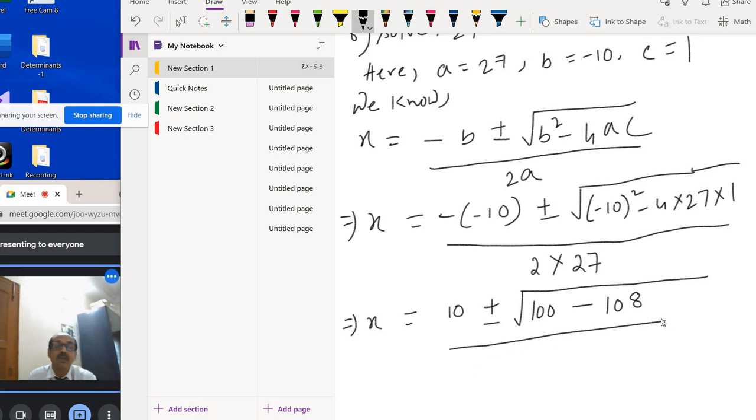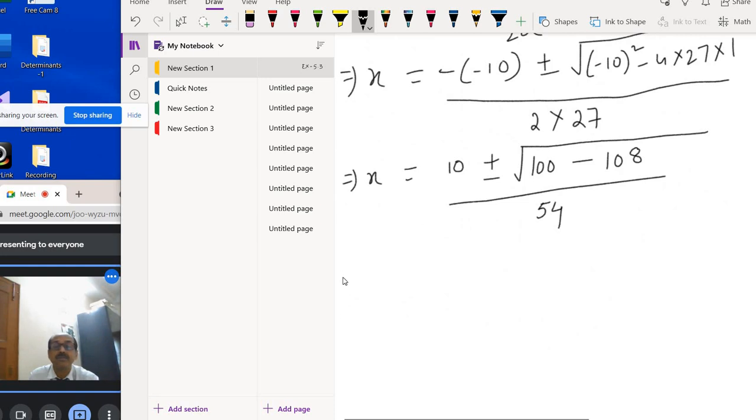So x equal to 10 plus minus root over 100 minus 108, root over minus 8 by 54.